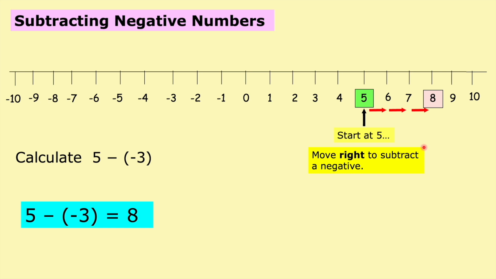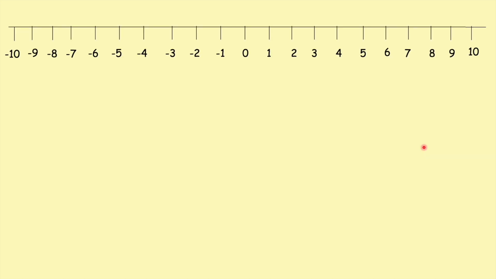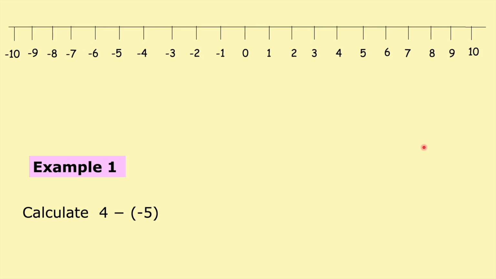Okay, so let's put this into practice again with a few more examples, and I'll give you some to try as well. So here we're going to use our number line, and we are going to calculate 4 subtract negative 5. So we're going to start at 4. Wherever we're starting, plot that onto your number line as you're working through, just to help you count in the right direction and make sure you get the right answer.